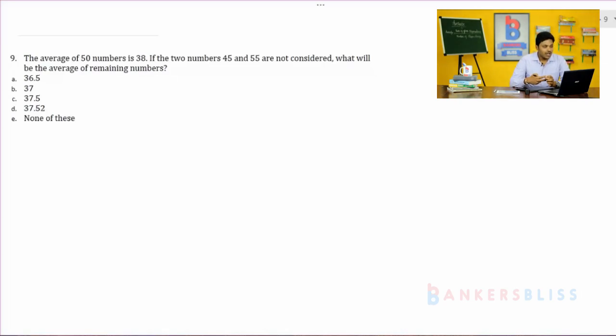See here, we have to calculate the average of the remaining numbers after excluding 45 and 55. Means the remaining numbers are the sum of 48 numbers divided by 48 is equal to the new average, but I don't know the sum of 48.